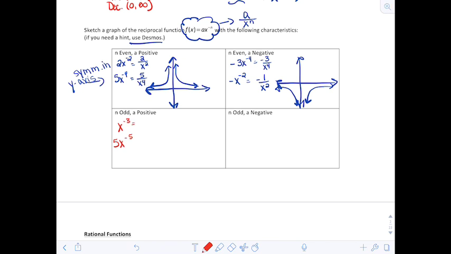So n is odd and a is positive, so that would be like 1 over x cubed, or 5 over x to the fifth. So if I take a look at those graphs, we remember when it's odd, kind of similar with the leading term test, they do opposite things. Those graphs are going to be in the first and third quadrants.